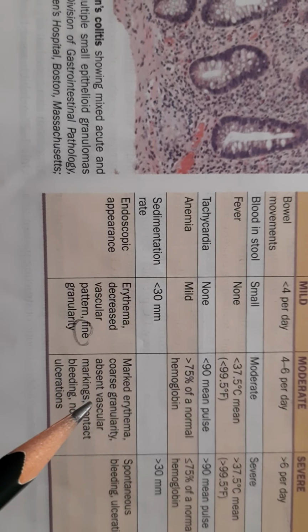It is the severe form where spontaneous bleeding and ulceration occur. For mnemonic purposes, you can read it as BBFT, fit for ascension or ascending, something like that. You can remember. Okay, so this is the ulcerative colitis disease presentation.